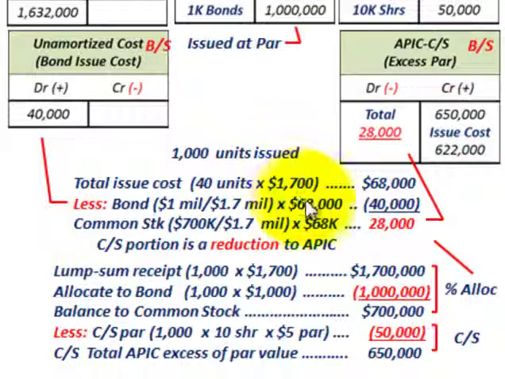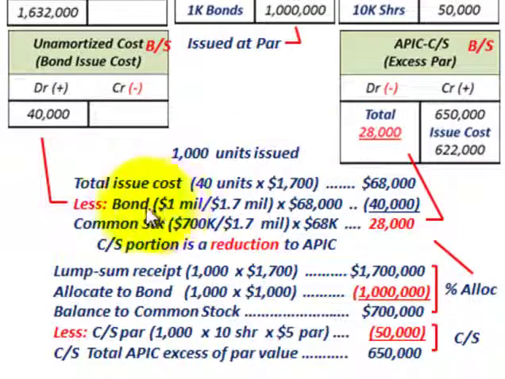So these are the key things you can focus on: how you allocated your percentage, or allocated your total costs between your bonds and your common stock, and also how you allocated your issue costs between your bonds and your common stock. All right, so that goes over the incremental method.